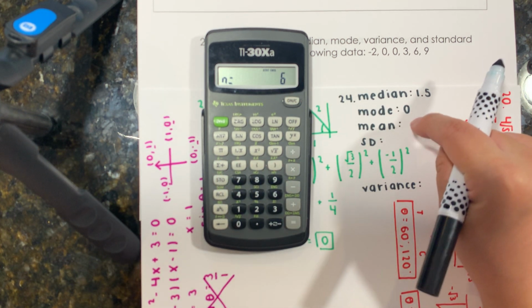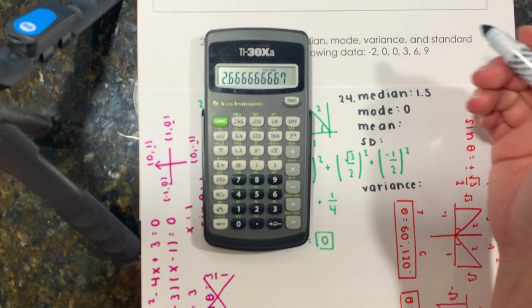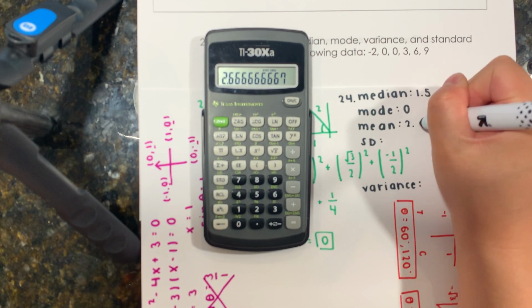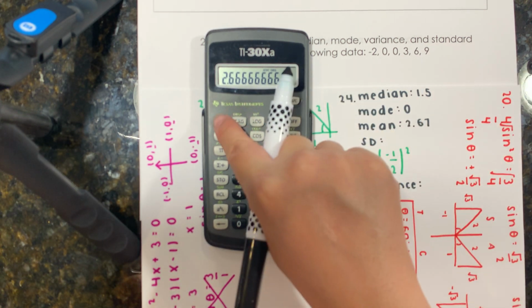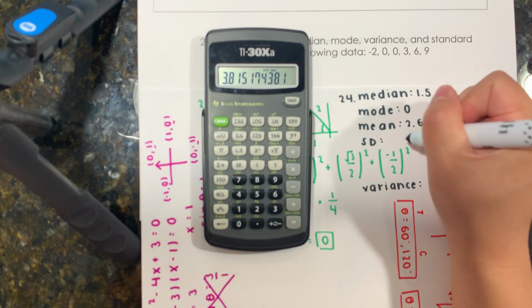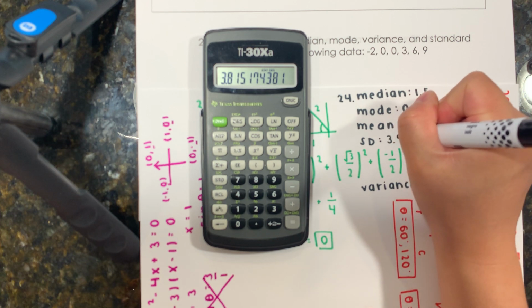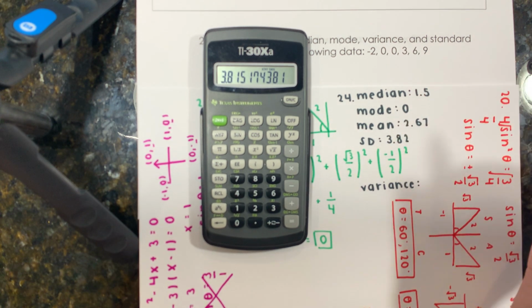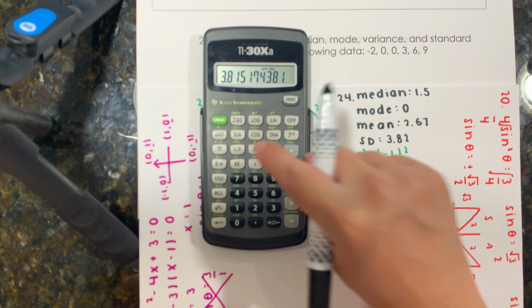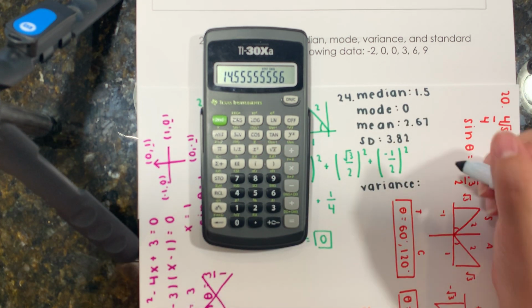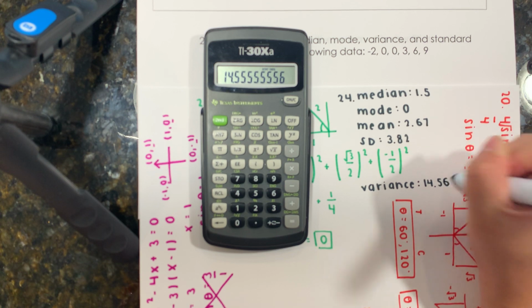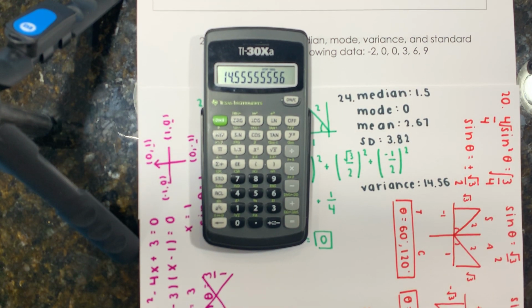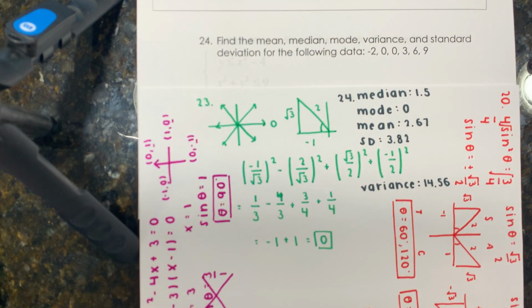And now to find the mean, you're going to do second x squared, which gives me 2.67. For the standard deviation, I'm going to do second divide, which would be 3.82. Then for the variance, I'm just going to square what I got for the standard deviation. That would be 14.56. And those are going to be all my answers for number 24.